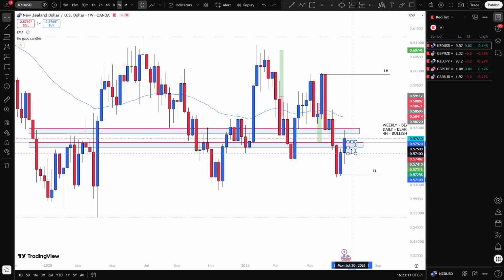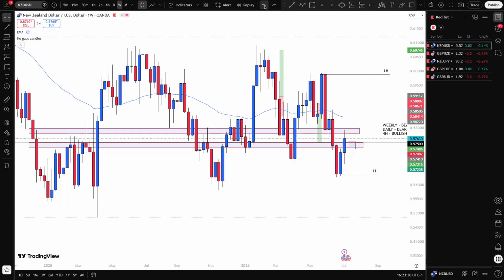So it will now reject. Once it rejects to this place, it will leave a wick like this, and on the daily time frame, it will fill the wick back.